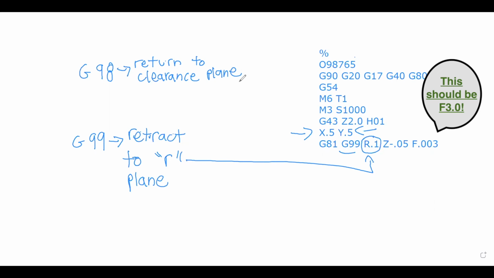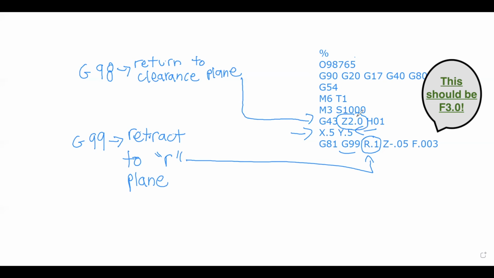In this instance, it would be Z 2.0. G98 returns to a clearance plane, which can be very helpful if you need to hop over bosses or features that you could crash into. If you have fixturing holding down your workpiece or a work plate, and you need to jump over, say, a toe clamp or some other fixture, you could use a G98 to return to Z 2 inches above the workpiece and then move over to our next location.